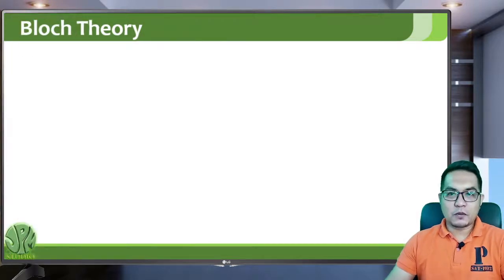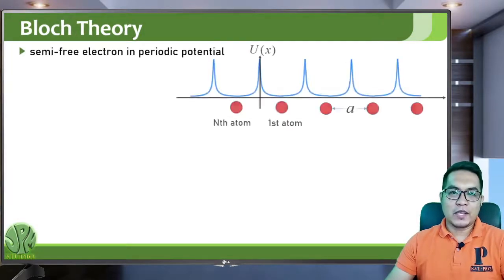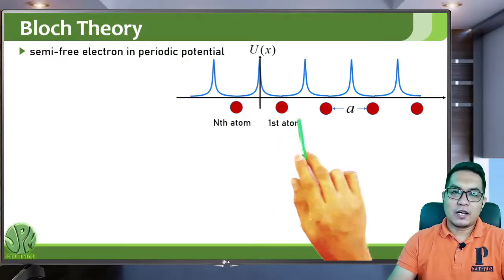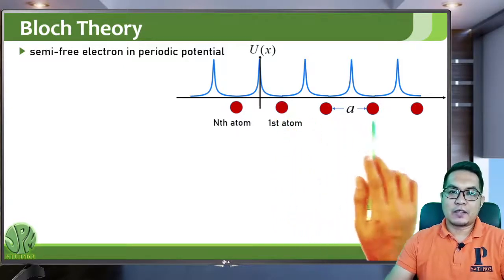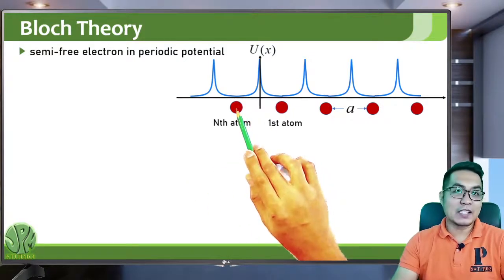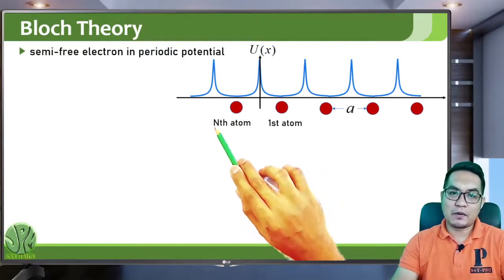So let's now go to the Bloch theory. Basically, you are describing an electron in a periodic potential. So this is the atom, the first atom, second atom, and this is the last atom or the Nth atom. N is the number of atoms.